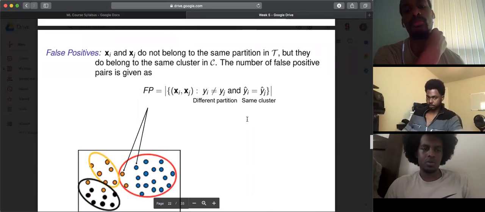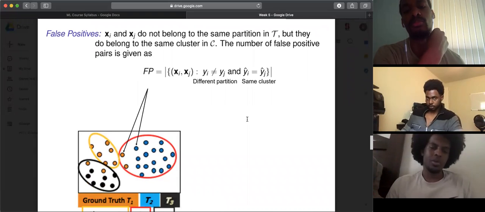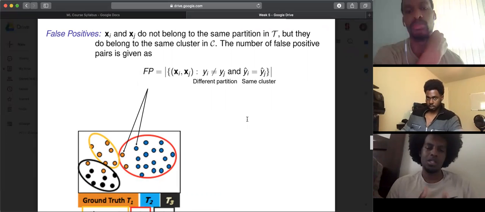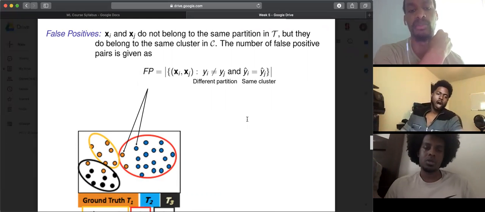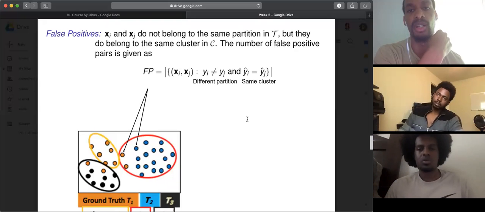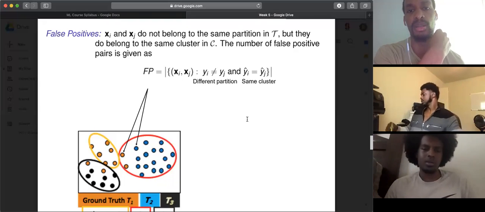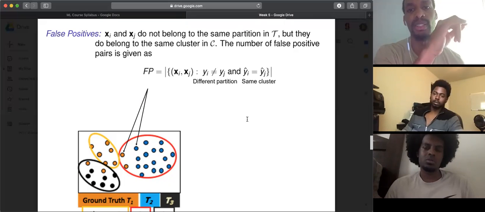False positive. So these are situations where you have two data points and you have declared them to be together, but they don't belong to the same partition.